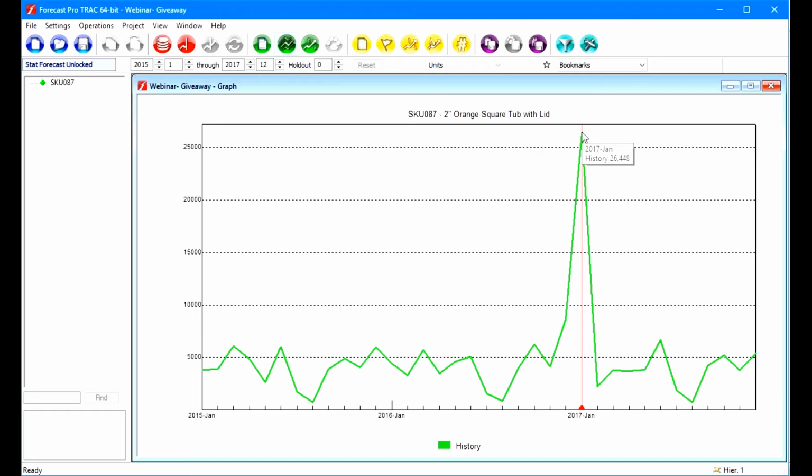If we think back to the different ways of handling event data, one of the approaches that we listed was to simply separate out the two data streams, if that's possible. In this case, if we tried separating out the two streams, so if we had the free gifts and the paid for sales, we would end up seeing a dip in the paid for sales right around this promotion.